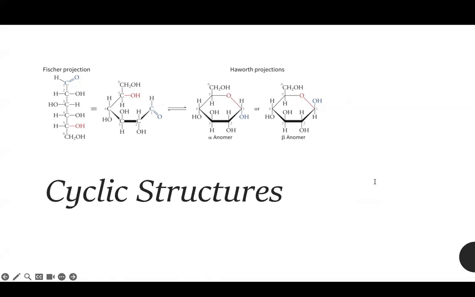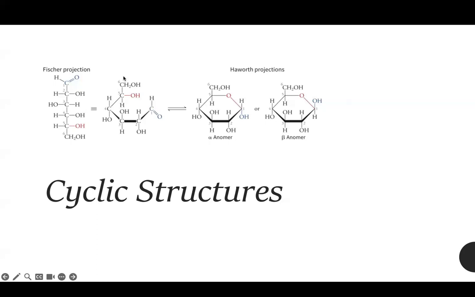These ring structures are formed through intramolecular rearrangements, where the carbonyl group right here reacts with a hydroxyl group at the end and forms this bond right here. So the carbonyl carbon reacts with the OH group, and we get a cyclic structure. There are 2 different arrangements those rings can take on.